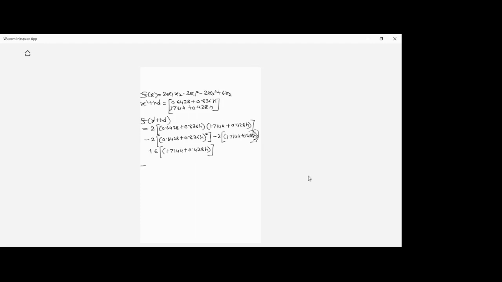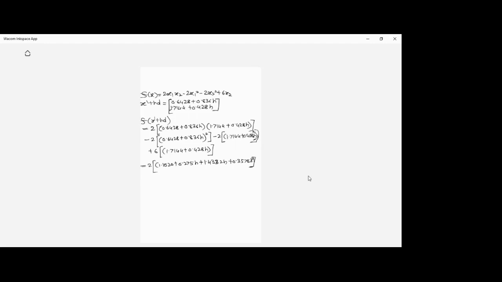So if you move ahead, we will be getting it as 1.1020 plus 0.275h plus 1.4332h plus 0.3578h square, right?